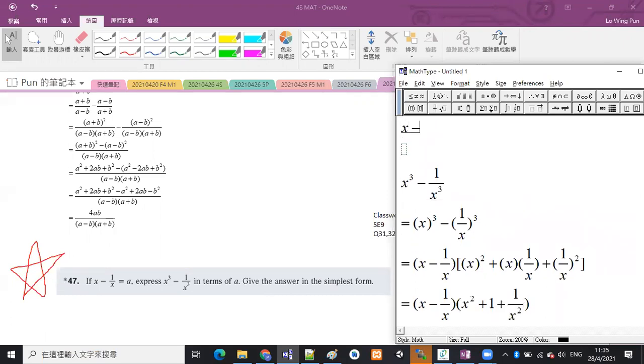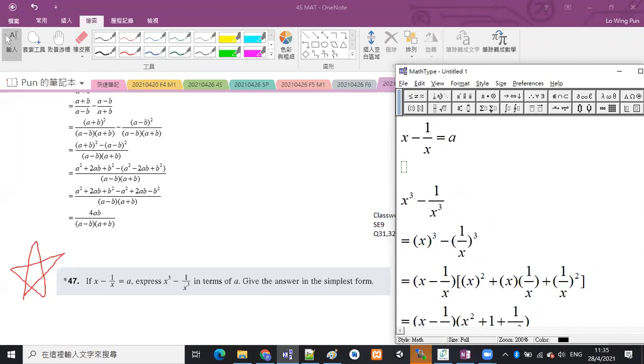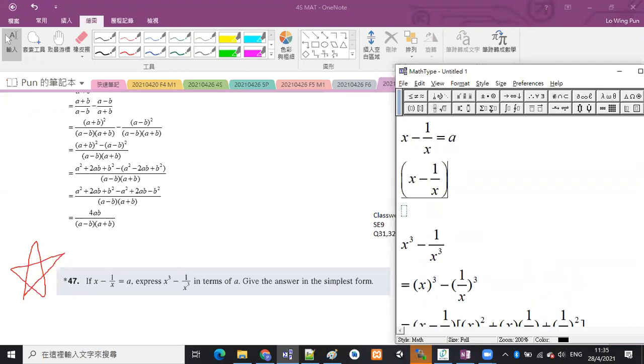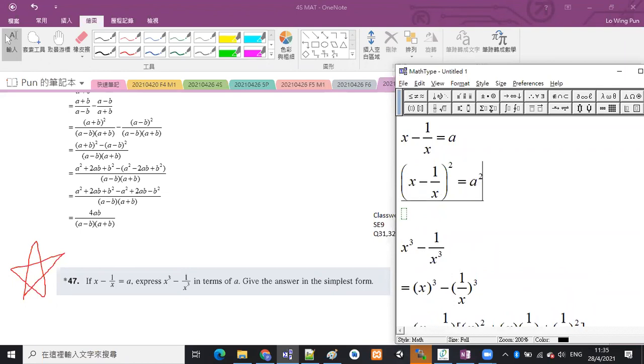We have x minus 1 over x equals a. This is the given equation. Okay, so we are going to take square on both sides of the equation.